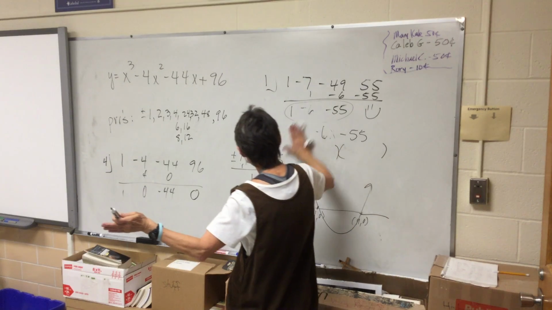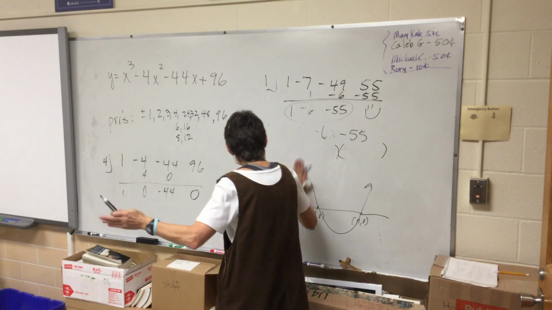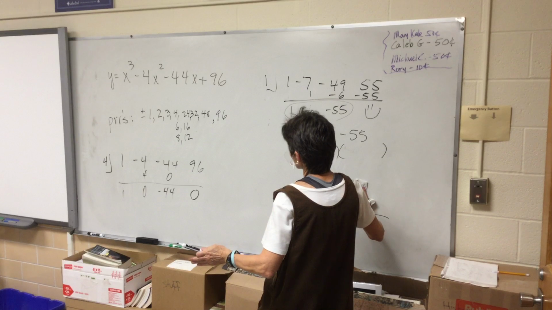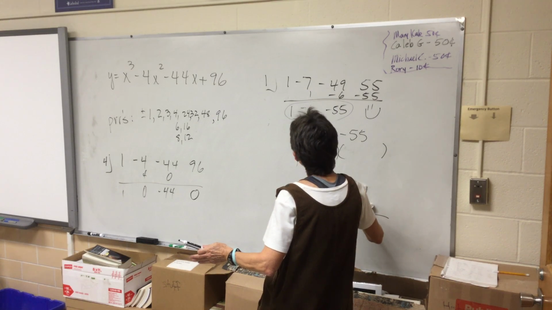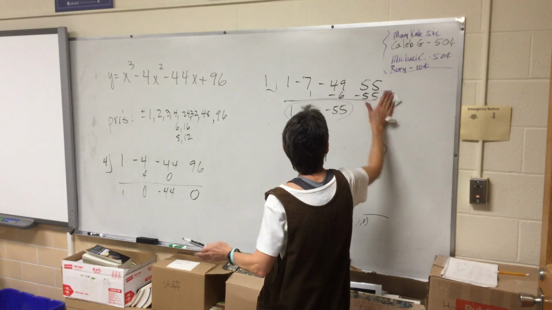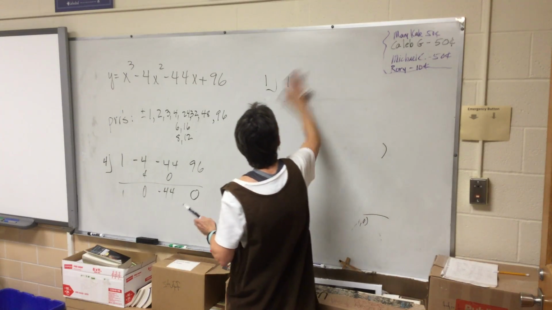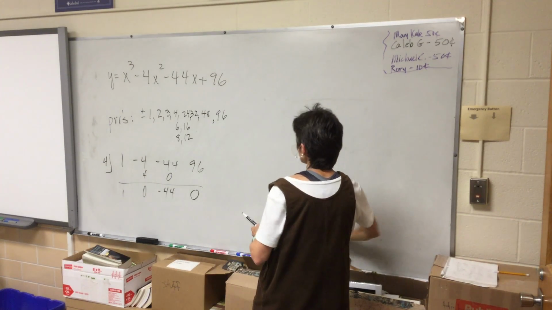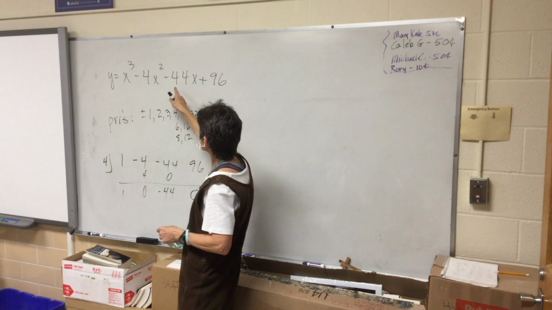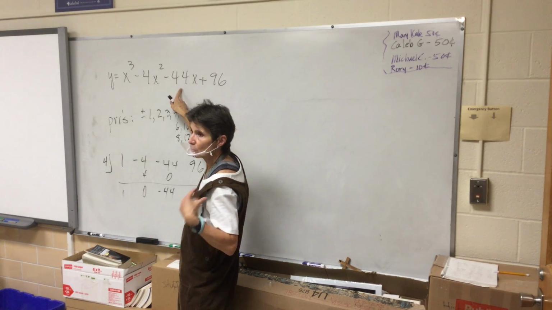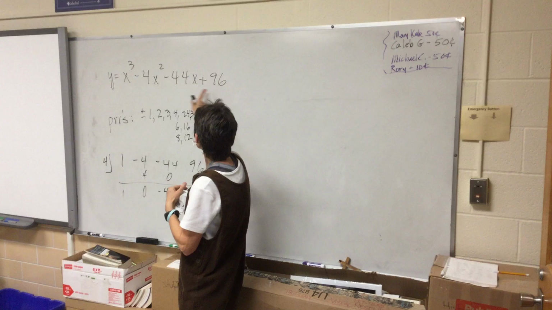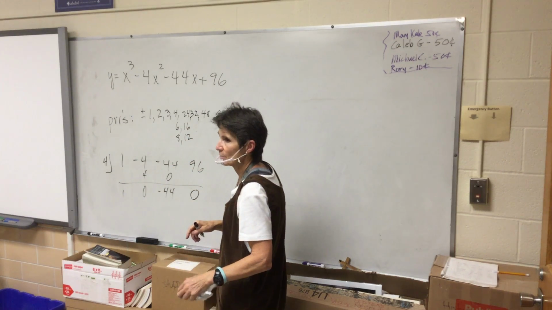What'd you say? Negative 1? I don't think negative 1's going to work. 3? And here's why I don't think negative 1's going to work. Negative 1's going to make that a positive 44. And 44 and 96 aren't heading towards 0.